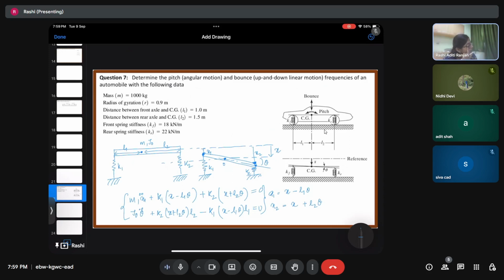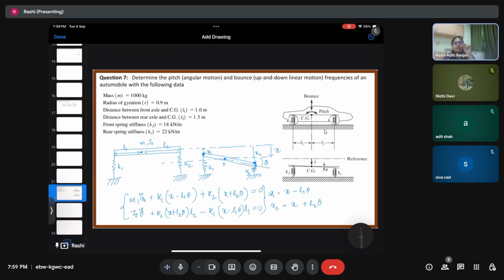What is interesting in this question is that earlier we were having multiple masses, and depending upon the number of masses, the number of masses was equal to the number of natural frequencies, the number of degrees of freedom, and the number of equations. Over here, we have a single mass, a single center of gravity. But we have two kinds of motion: one is translation, the other is rotation.